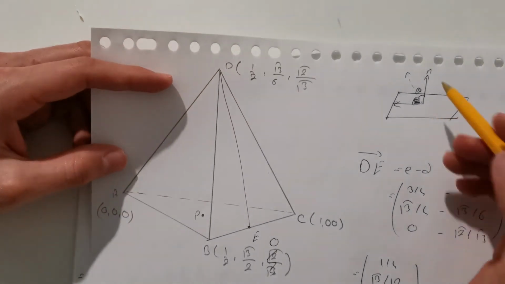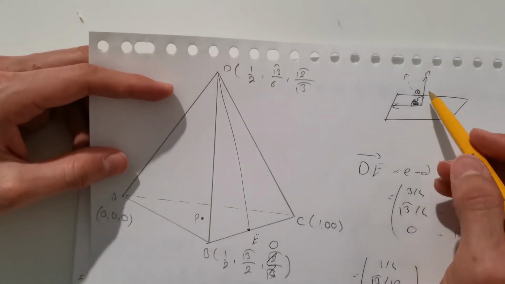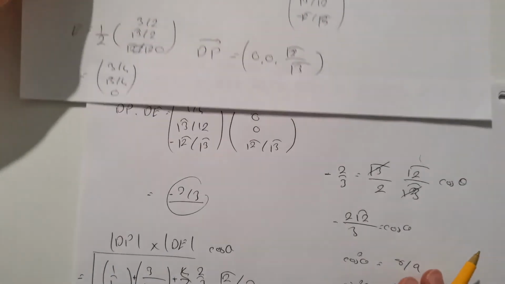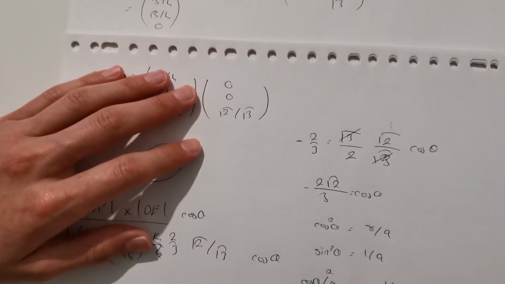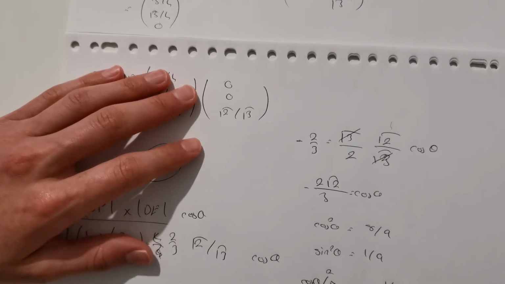Therefore, I have to subtract theta from pi over 2, or 90 degrees. Cos squared of pi over 2 minus theta equals 1 over 9. Cos of pi over 2 minus theta equals plus or minus 1 over 3.